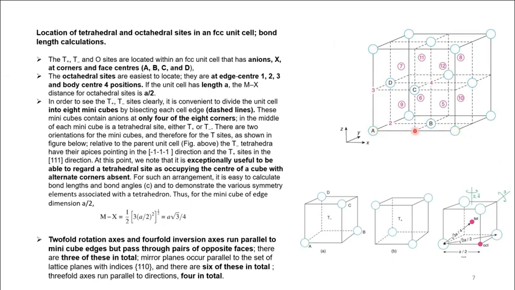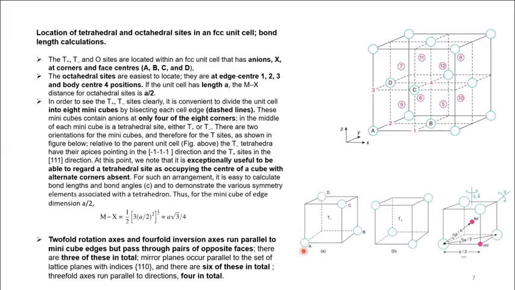This is an anion, this is a cation, where the octahedral voids are. Similarly, this one is an octahedral void, this one is an octahedral void. So octahedral sites are easy to locate. But if we talk about tetrahedral sites, we have to take this figure first.